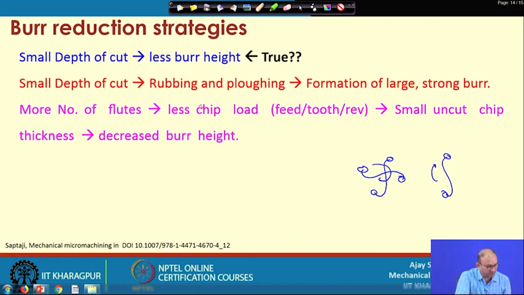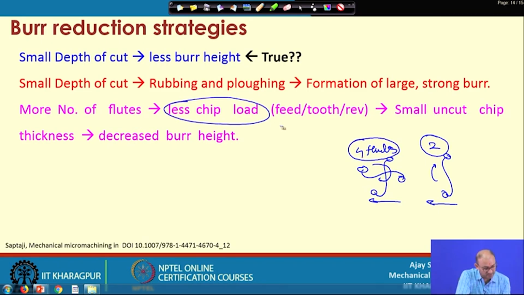So, if you increase the number of flutes to 4, you get less chip load. If you give the same feed rate, without changing it, the material removed will be shared by the 4 flutes in one case, and by the 2 flutes in the other. So per flute the material removal will be less here, because 4 flutes are coming into action.